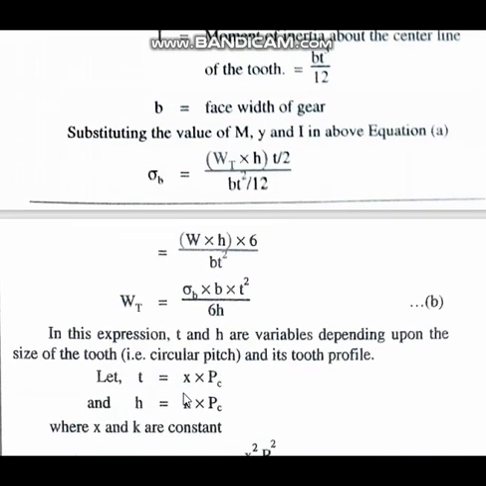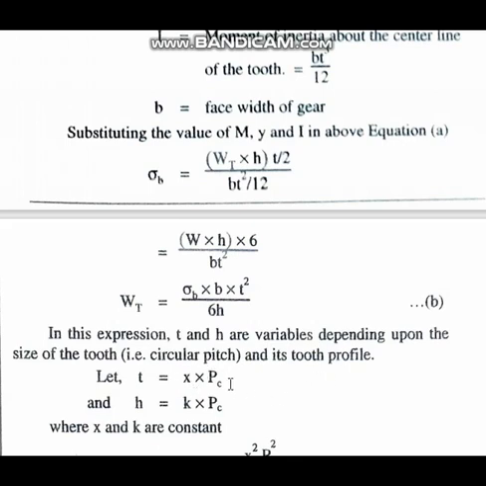Okay, in this expression, sigma b is a constant value for a particular material of the gear. In this expression, t and h are variables depending upon the size of the tooth and its tooth profile.